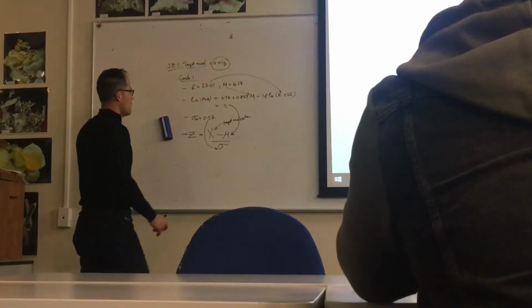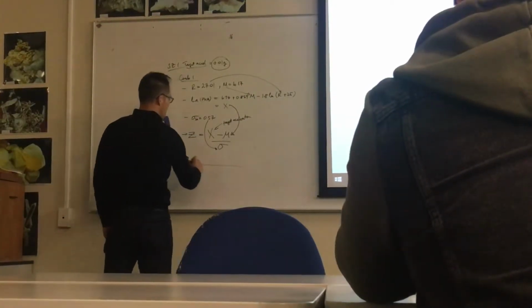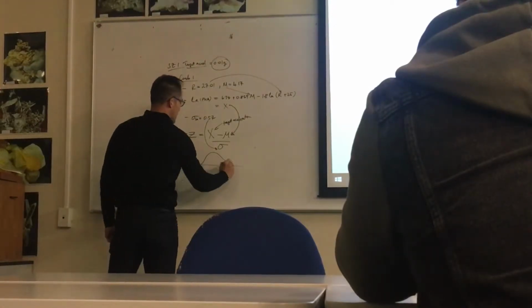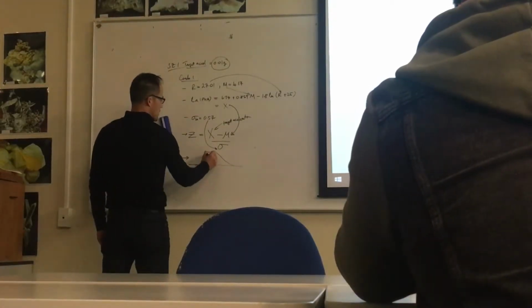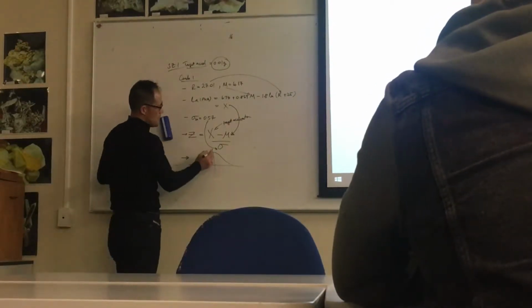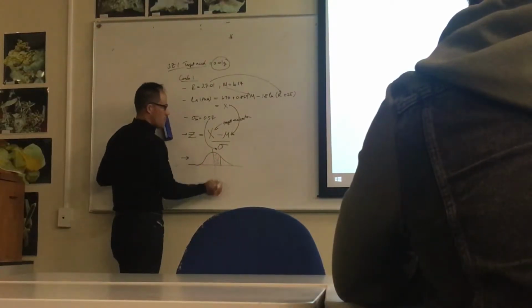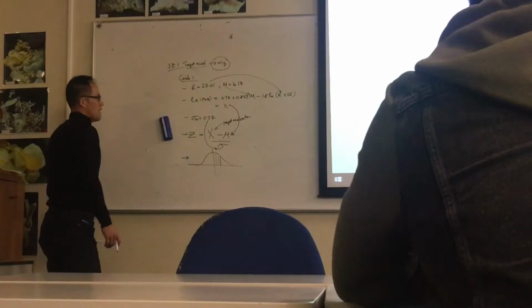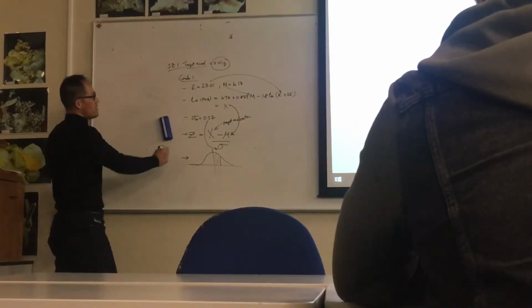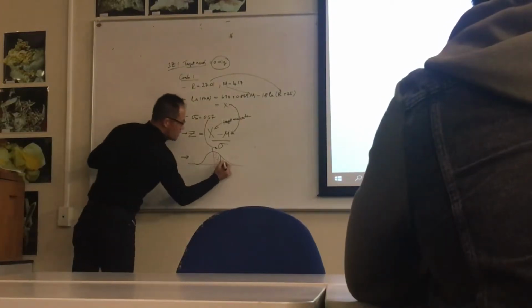Now from our z value, we can calculate the probability. It's a log normal, but let's do it on a standard normal curve. From our z value, we're going to end up with something like that. Remember last week we talked about that? What we're interested in is that target acceleration being exceeded.